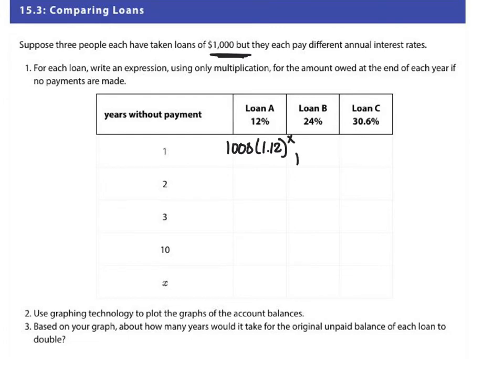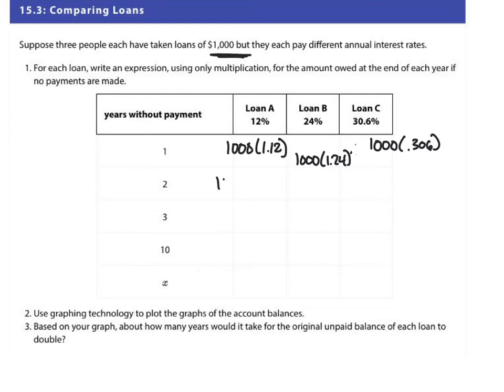Or $1,000 times 1.24 to the x, or $1,000 times 1.306 to the x. Okay, so that'd be our first year. Oh, that's our first year, so we actually don't need the x's. Okay, I'm instantly out of space, so I know you guys can do this on your own.